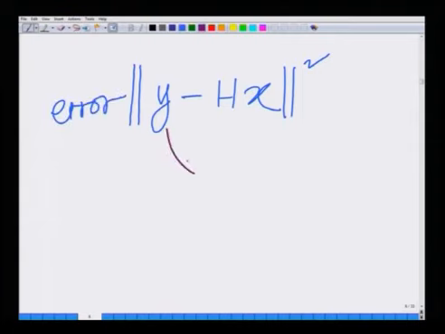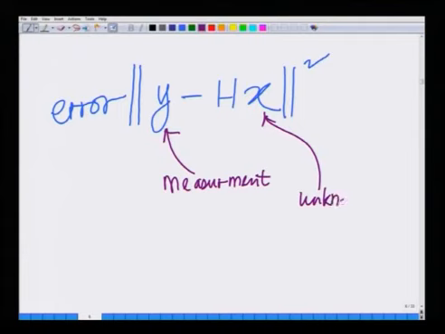Y is the measurement, x is the unknown vector. Hence, I am choosing my x such that y minus h x, the error, is minimized.